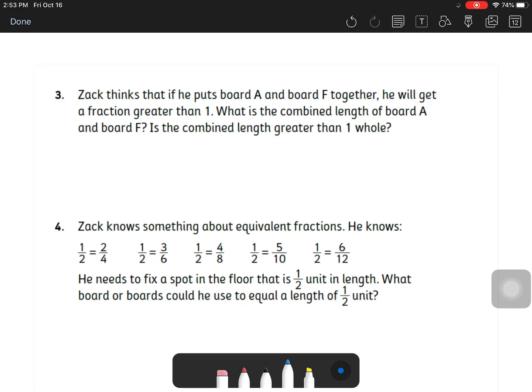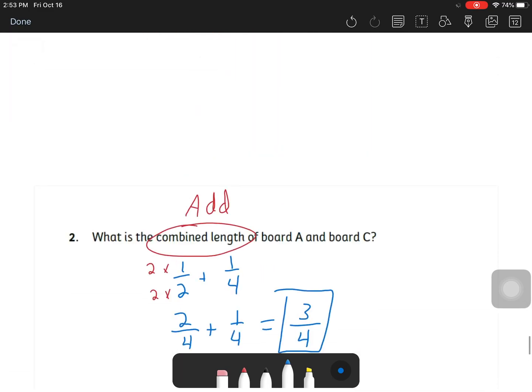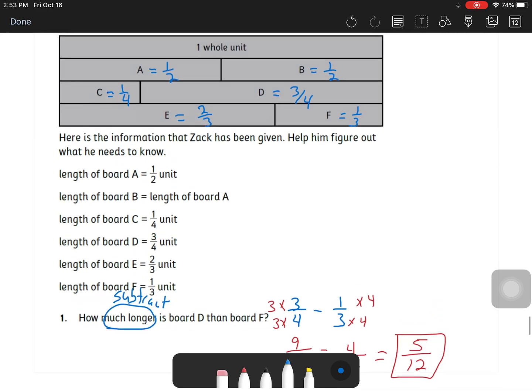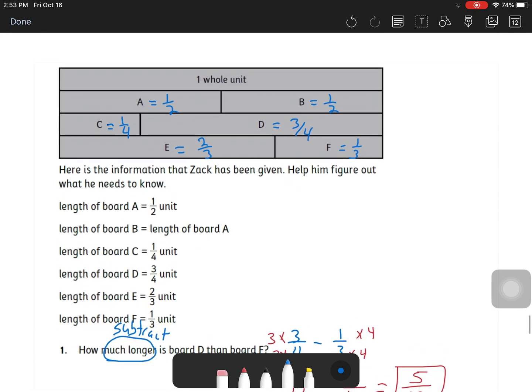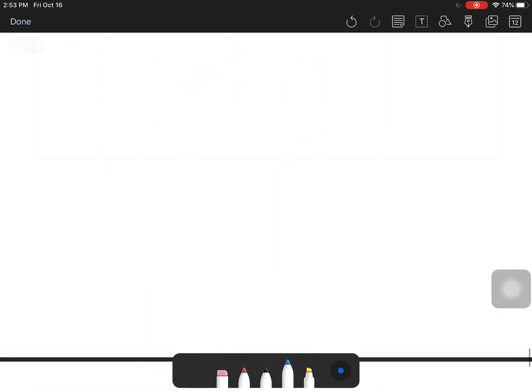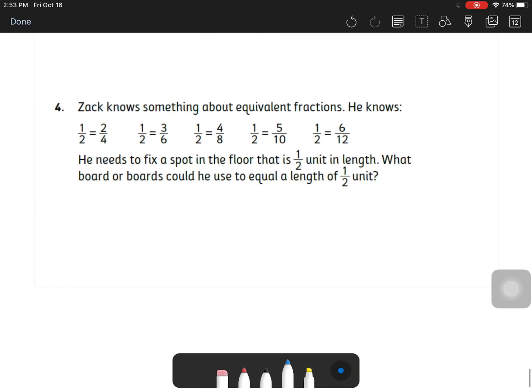Okay, Zach thinks that if he puts board A and board F together, he will get a fraction greater than 1. What is the combined length? So combined length, again, means to add board A and board F. Board A is 1/2. F is 1/3. So 1/2 plus 1/3.